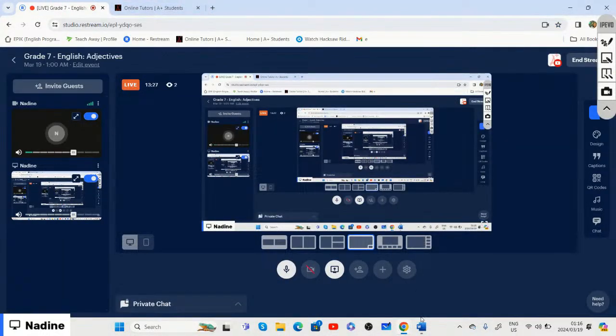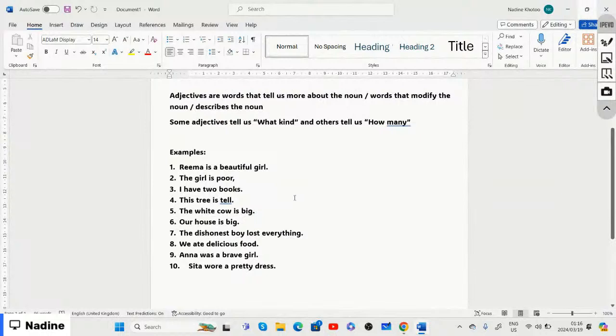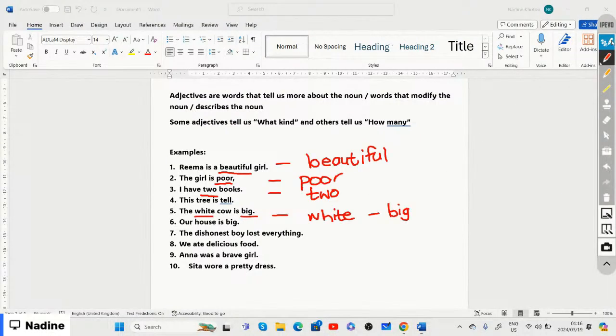White tells us what kind of cow it is. It is a white cow. Also, big tells us what kind it is, because it is a big cow. So the two words are white, which describes the cow in color, and big, which describes the cow in size.